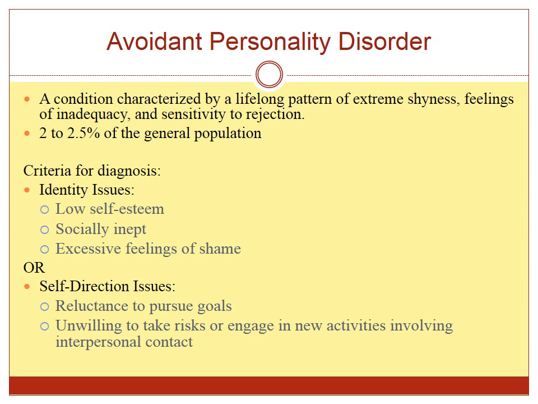The criteria for diagnosis includes low self-esteem, being socially inept, excessive feelings of shame, or self-direction issues, which include the reluctance to pursue goals, unwilling to take risks or engage in new activities involving interpersonal contact. So, these are people who are afraid to break out of their shell.